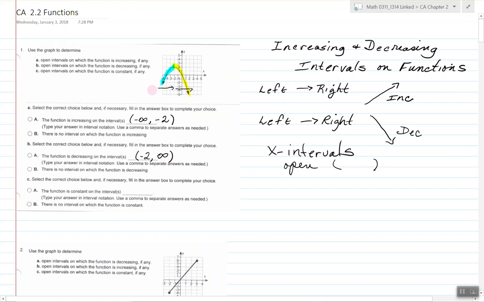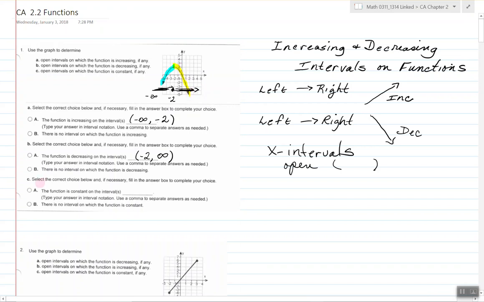So from negative infinity to negative 2, it increased, and then from negative 2 to positive infinity, it decreased. Now, some people might say, wait a minute, you're going down. How can you possibly be increasing? I'm talking about the x's. So from negative infinity till negative 2, it was climbing, and then from negative 2 to positive infinity, it fell.